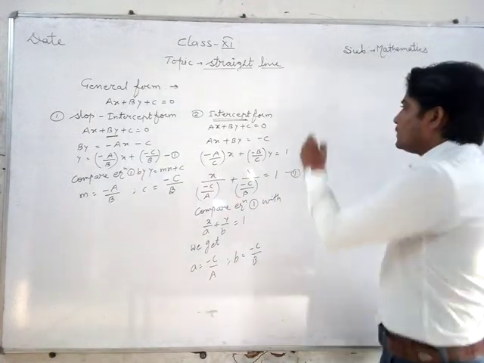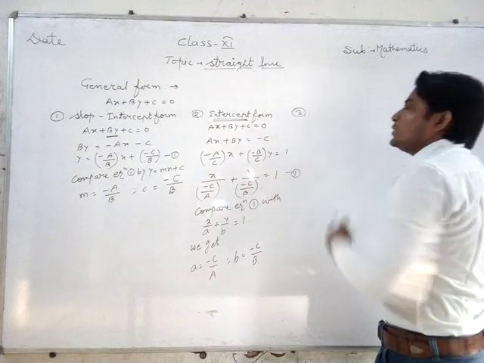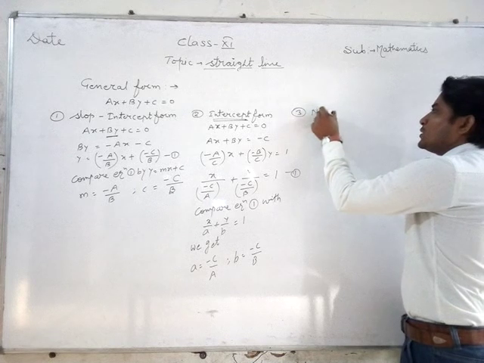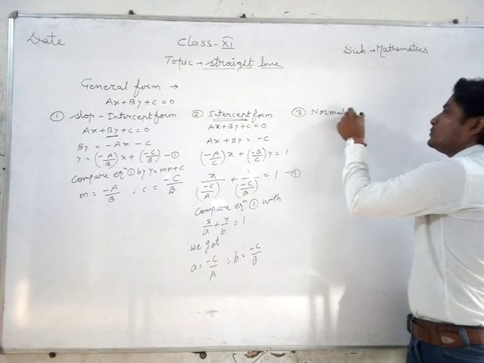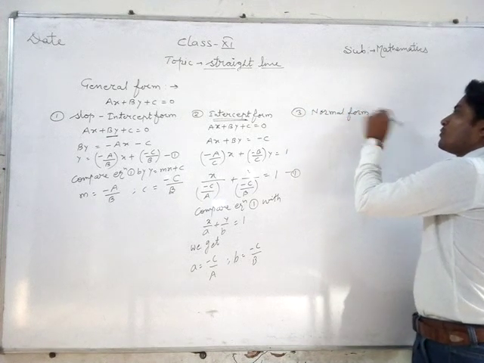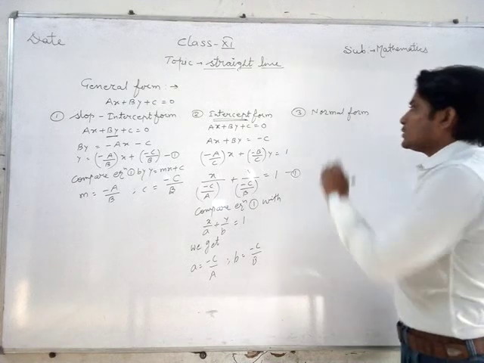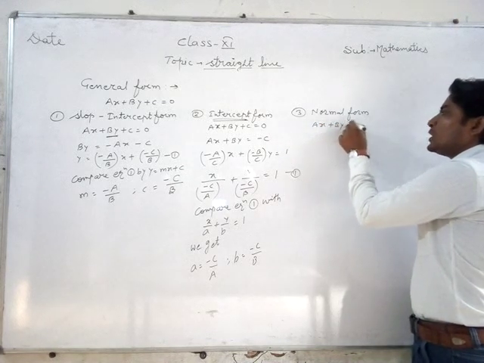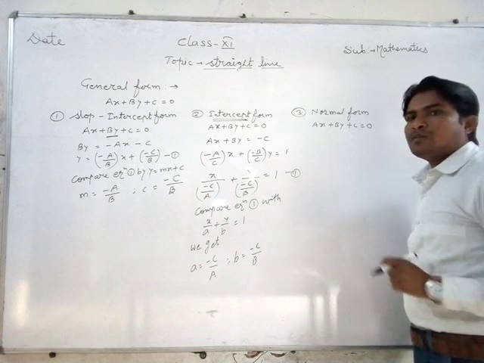Last, the equation converted into normal form. Which form is the normal form? The equation is given to you, ax plus by plus c equal to 0.